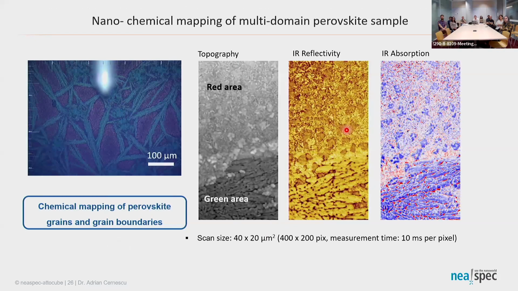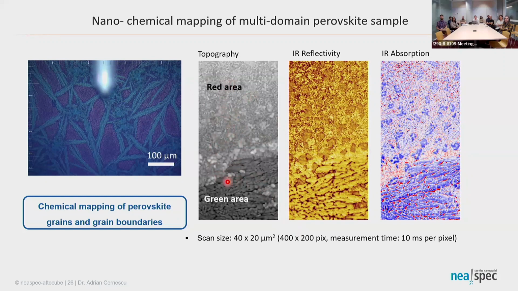Perovskites, I know many groups are, of course, trying to obtain information regarding grain boundaries, perovskite grains at the nanoscale. And this is a measurement which I did quite fast, quite recently also. And here you can observe the topography image.